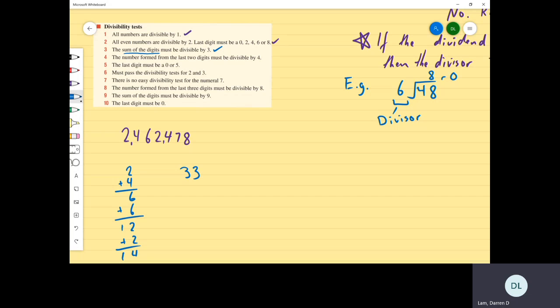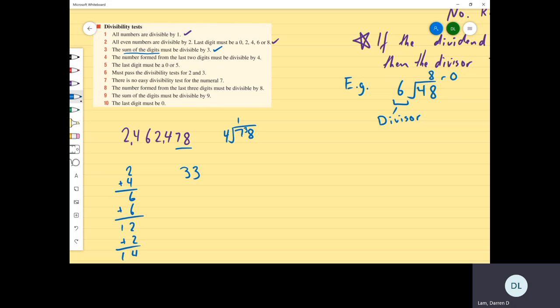For divisibility by 4, the number formed from the last 2 digits must be divisible by 4. In this case, the last 2 digits are 78. We have to figure out, is 78 divisible by 4? So 78 divided by 4. 4 goes into 7 once, so I write 1.